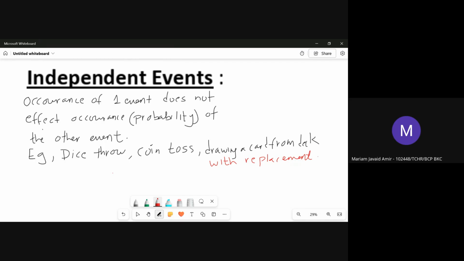I think there are 52 cards in a deck. So let's say you draw a card, you get a 3. So उसकी probability होगी 1/52. फिर आपने वो card वापस रख दिया तो दोबारा 3 आने की probability भी वही रहेगी, या जितने भी cards होते हैं. I'm honestly not sure कितने होते हैं. So if you draw a card from a deck or multiple cards while replacing each card, तो फिर ये भी independent events होते हैं.